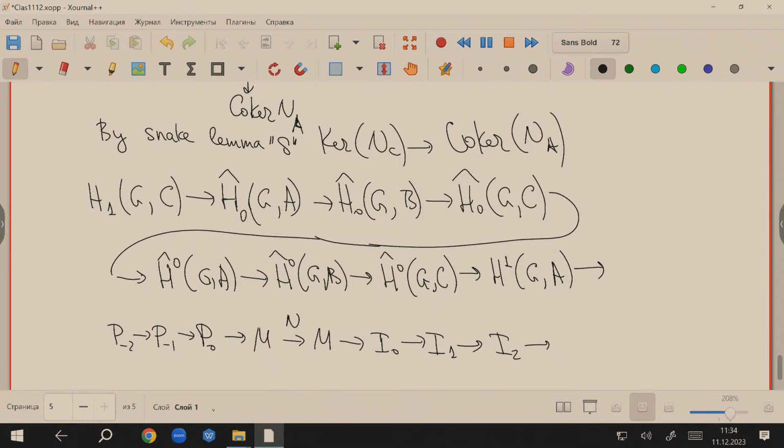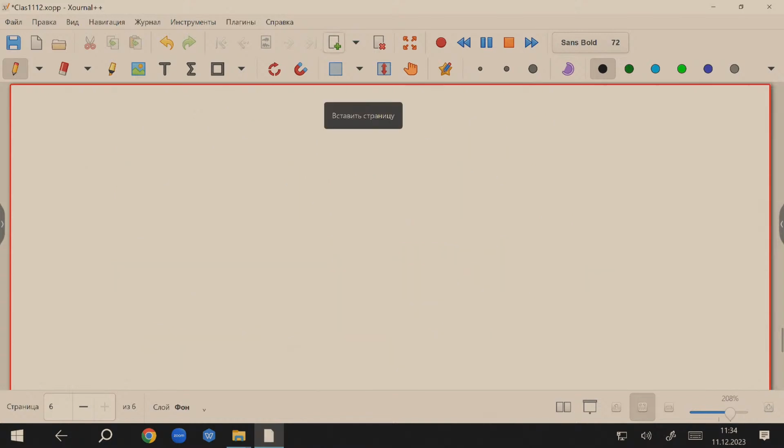Да, давайте продолжим. So here the idea of the recipe is the following. We change the problem that you have in your homology and cohomology.